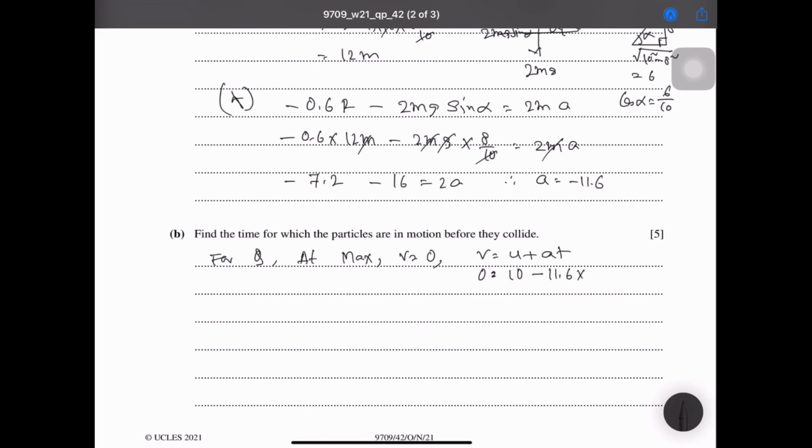Let me find the time, and consider this capital T. So T equals 10 by 11.6, that means 100 by 116, and if we simplify, the time taken is 25 by 29 seconds. In this time, what is the distance?